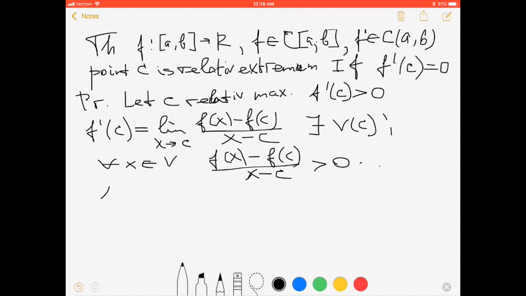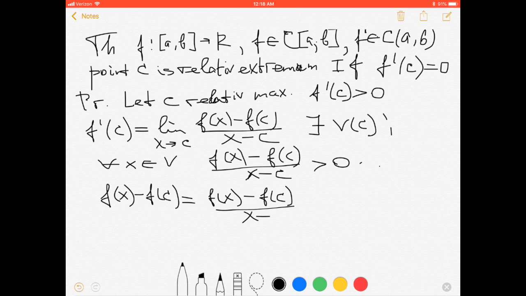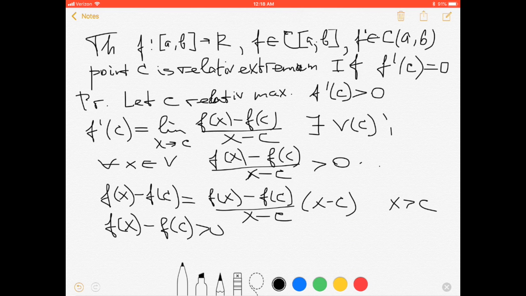We can write f(x) minus f(c) equal to the fraction times (x minus c). If x is greater than c, the factor x minus c is positive and the fraction is positive, so f(x) minus f(c) is positive.